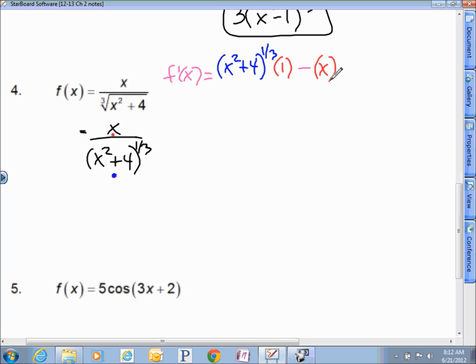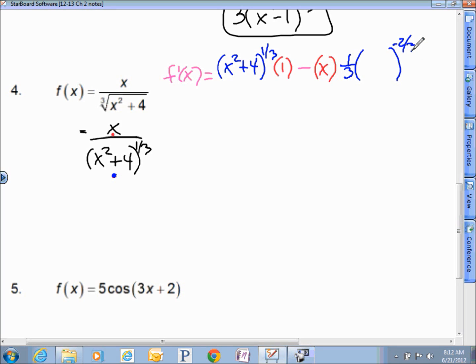Now this is where things get a little bit exciting, because now it comes time to do the d low. I've got x squared plus 4 inside of something to the 1/3 power. So we're going to do this chain rule thing. The derivative of something to the 1/3 power would be 1/3 of that something to the negative 2/3 power.